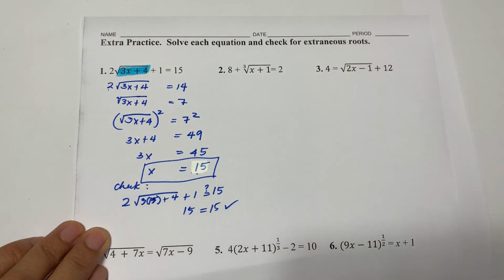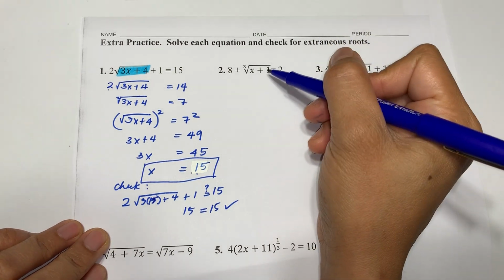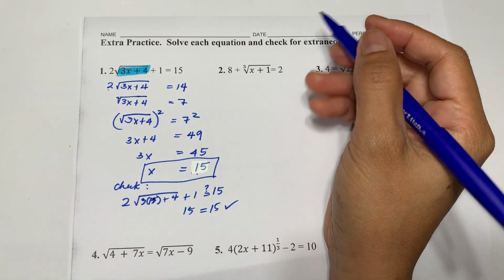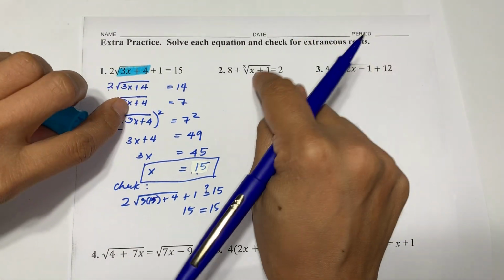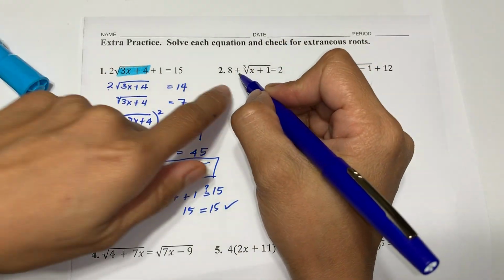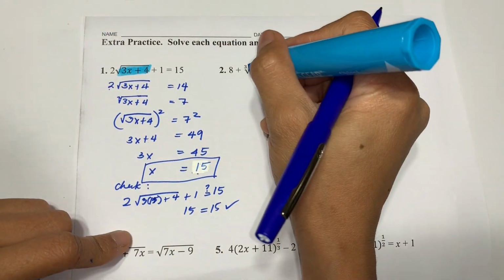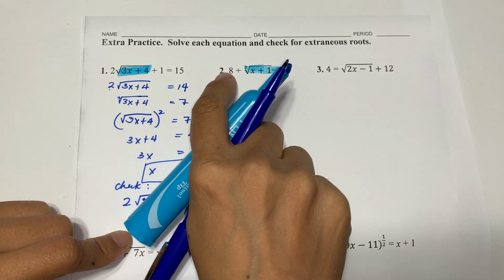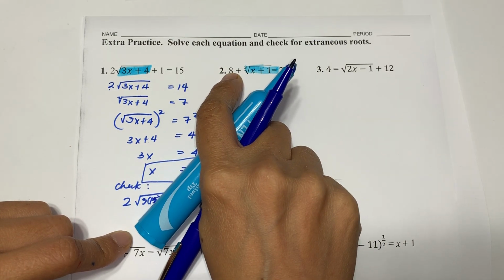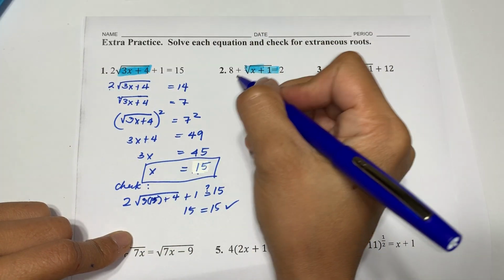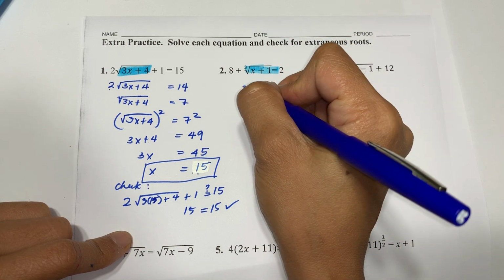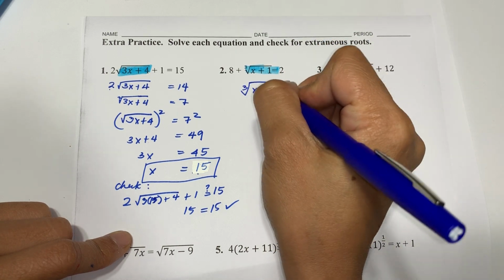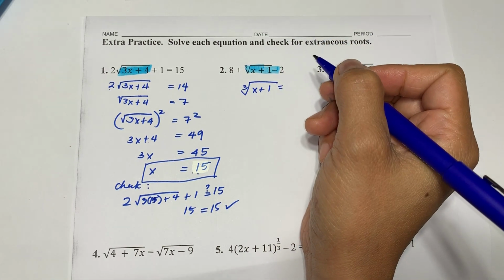Number 1 done. Okay, number 2, same thing, but this time it's a cube root. So the same process. Isolate the radical first. So we're going to minus 8. This is plus 8, not times 8. So we minus 8 from both sides.